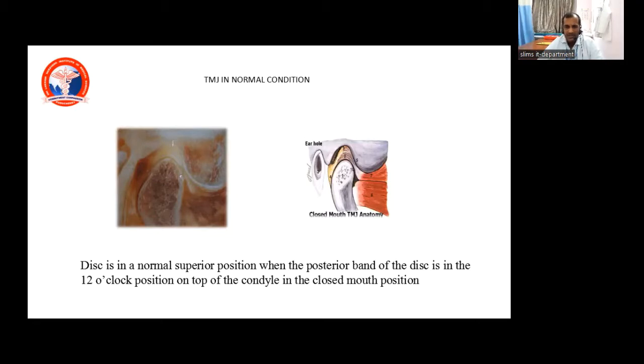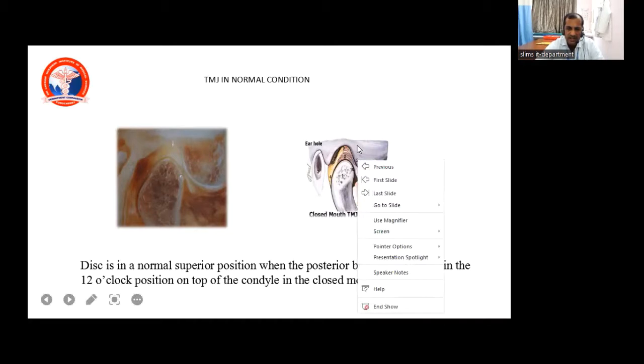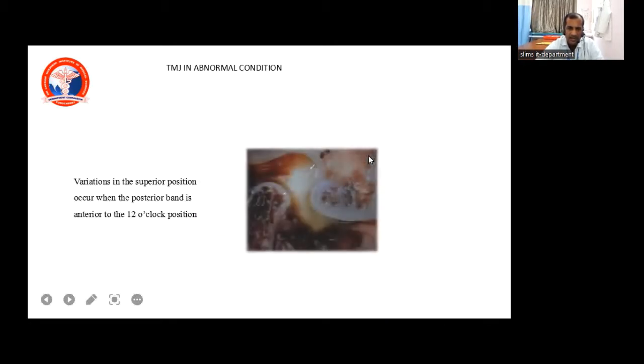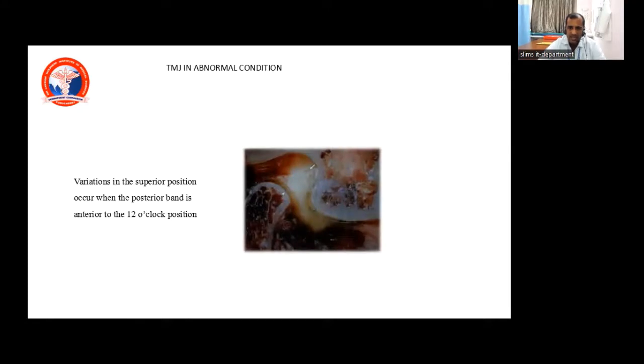Before going to that, you should know how the disc behaves in a closed mouth condition, and this is where the abnormal disc position is.